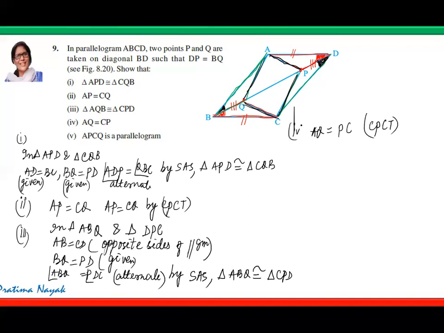Now coming to fifth part. In the fifth part, you have to show that APCQ is a parallelogram. So we have got first AP is equal to CQ. We'll write this one. AP is equal to CQ by proof.